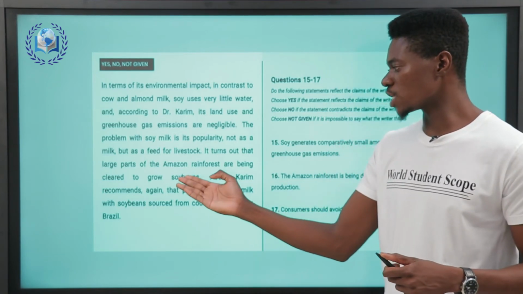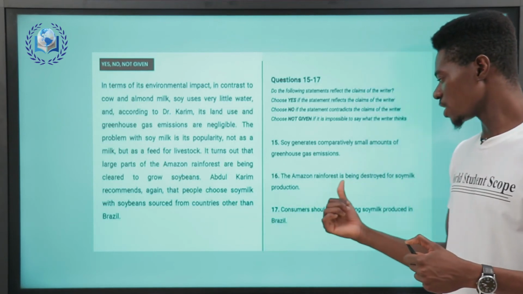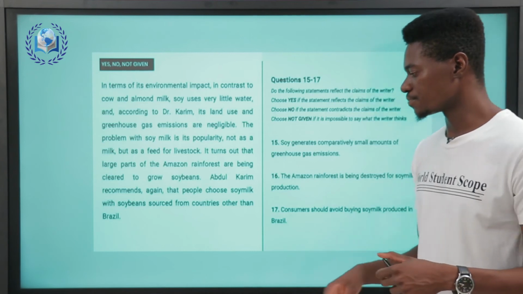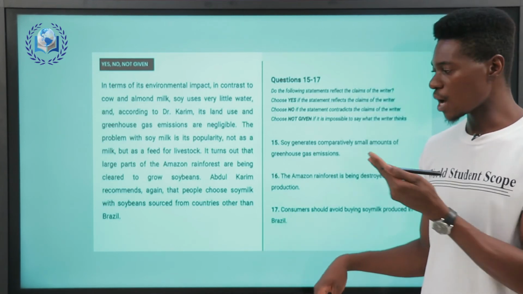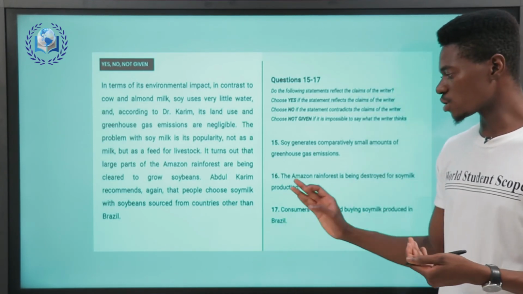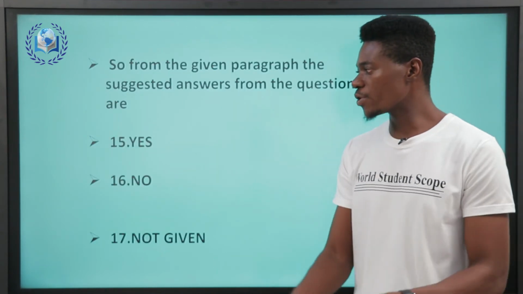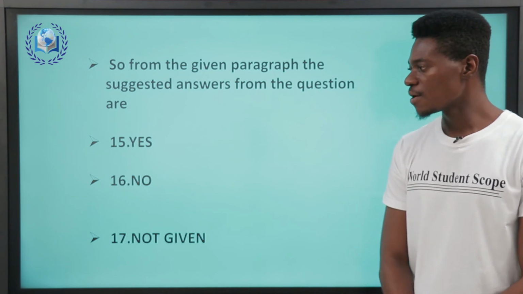This information talks about the growth of soybeans. This information talks about destroying the soy production. Let's start to take a look at our suggested answer for this question and this question. So for question 1, we can find yes.